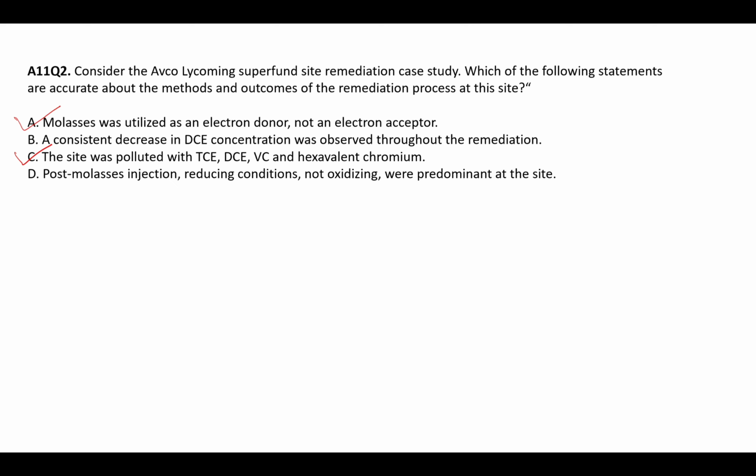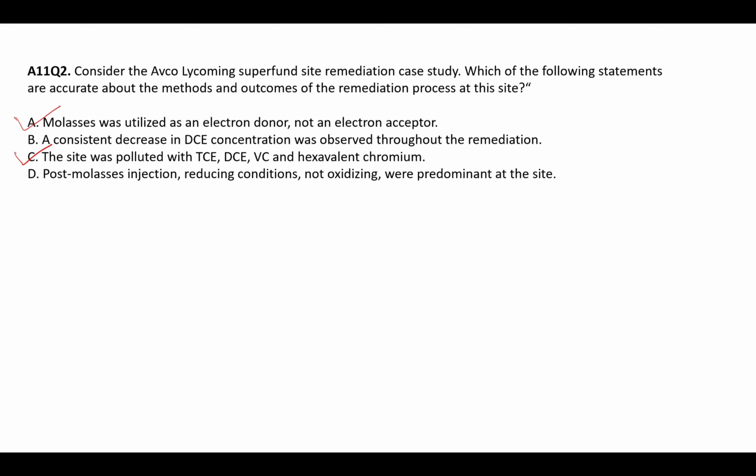This statement is not correct because in the case study we have seen that TC was getting degraded to DC, and that's why in the initial 10 months there was an increase in the DC concentration, which confirms the conversion of TC to DC, and after 10 months there was a decrease in the DC concentration. So option B is not correct. Rather, there was an initial increase in DC in the initial months and then a decrease in DC was observed.